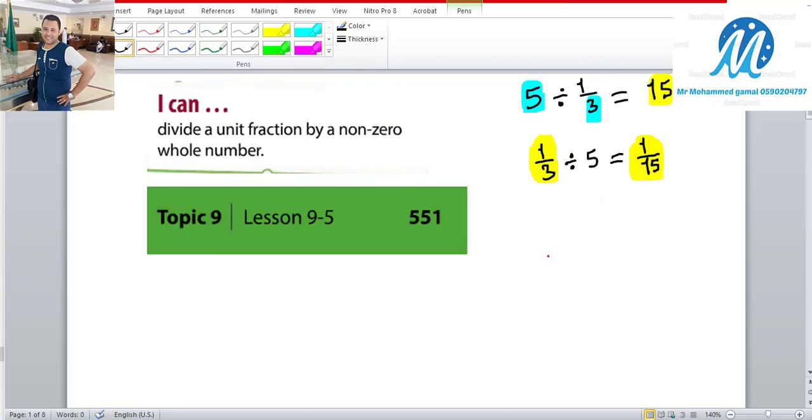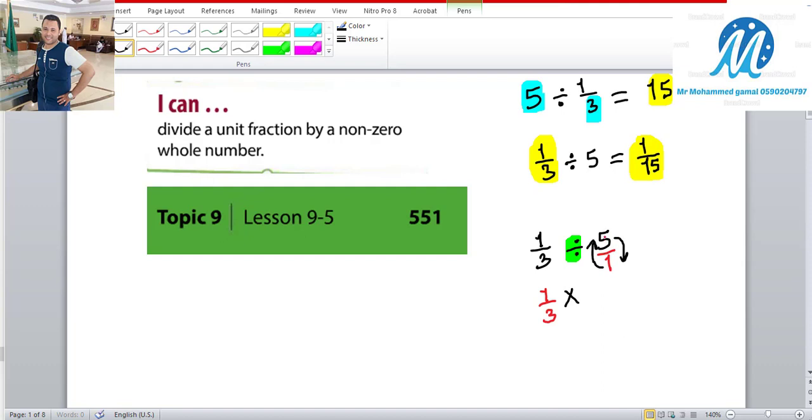To do it mathematically, here we have 1/3 divided by 5. We know that this 5 is 5 over 1, right? So I'm going to write the 1/3 the same, and change this divide to multiply, and for the 5 I'm going to take the reciprocal, or flip it upside down.